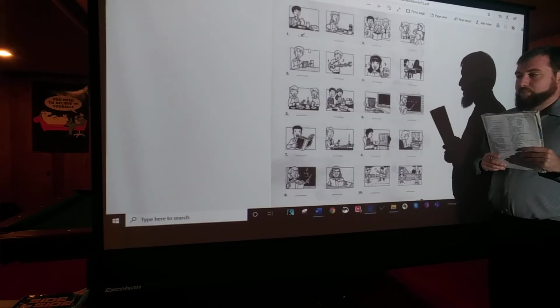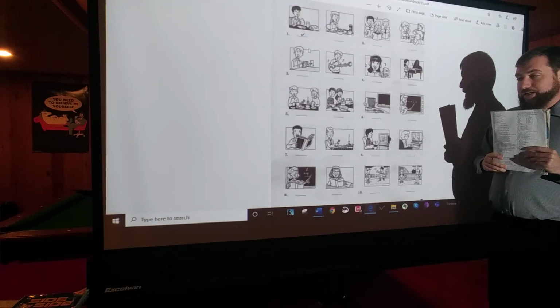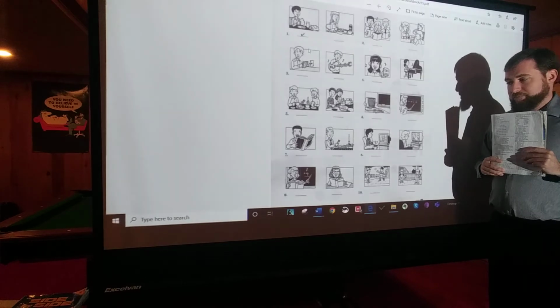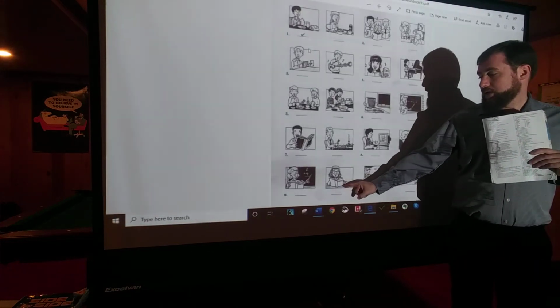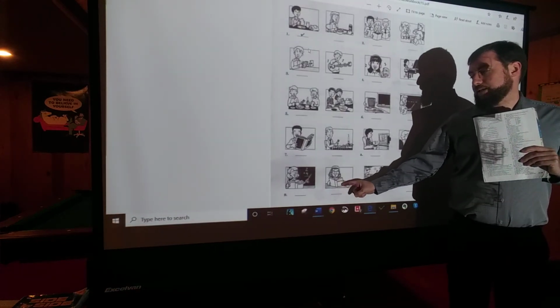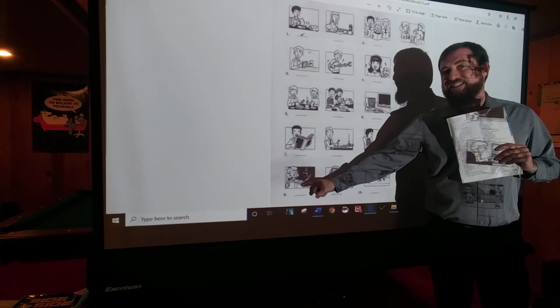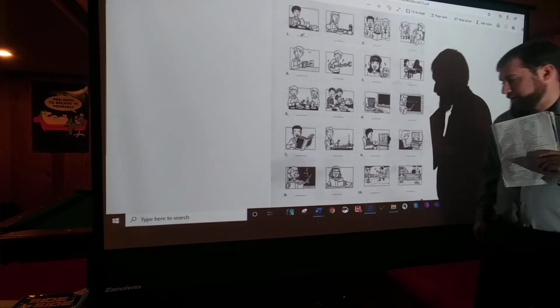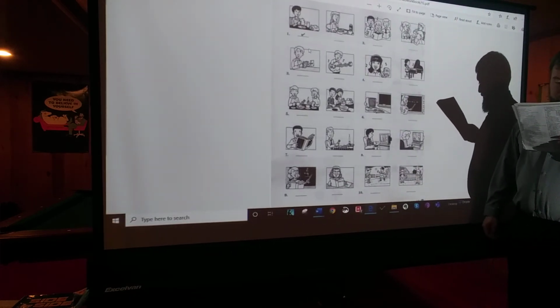Number 9. She's studying mathematics. She's studying mathematics. That's this one. Here she's studying mathematics. Here she's teaching mathematics. You need over here, she's studying mathematics. And number 10.